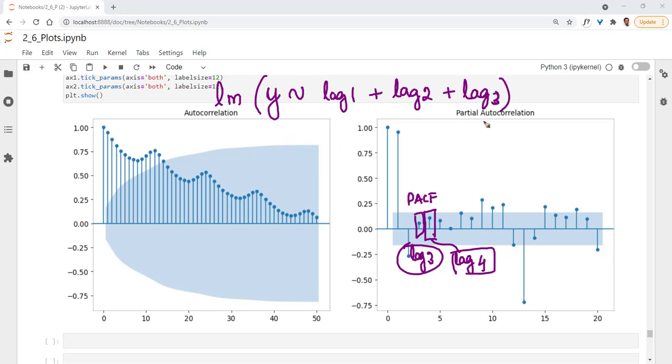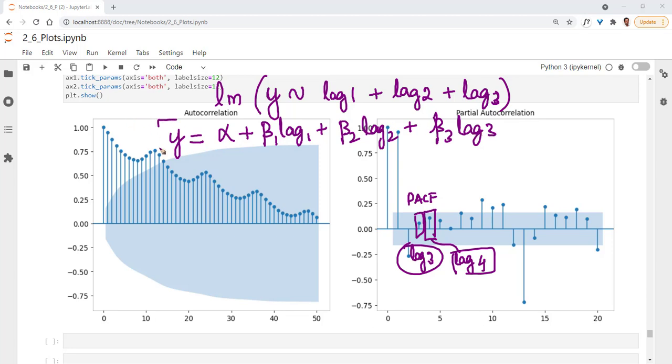After building this equation, the output of your linear regression model is going to look something like y is equal to alpha, the intercept, a constant number, plus beta 1 lag 1 plus beta 2 lag 2 plus beta 3 lag 3. There will be actual constant values computed, 4 different numbers in the output.